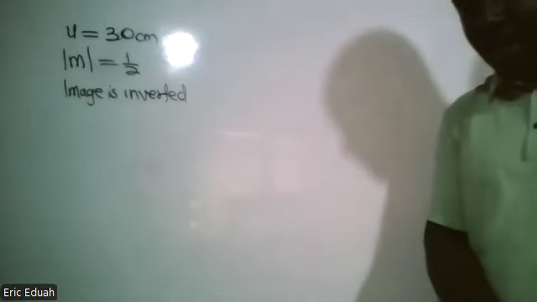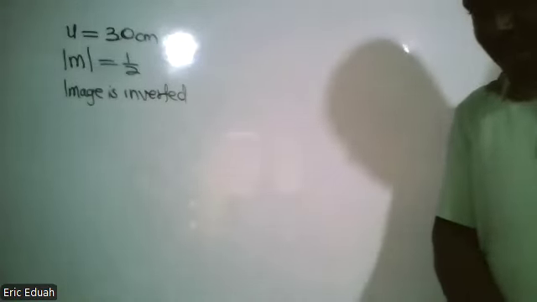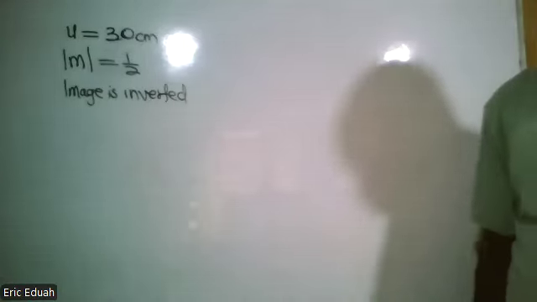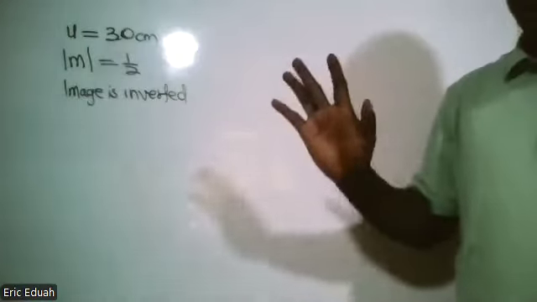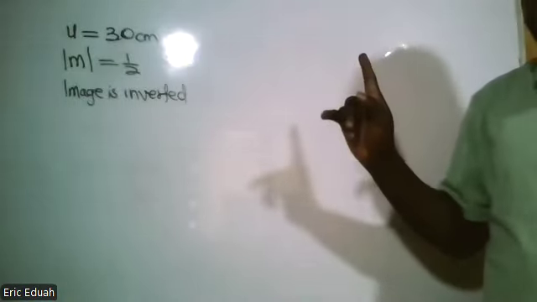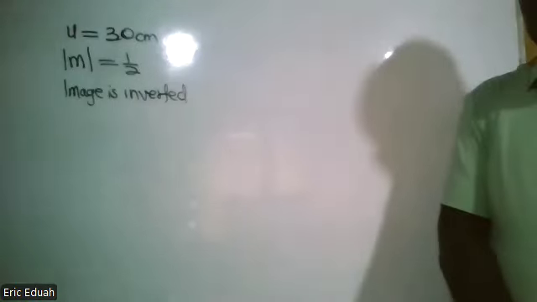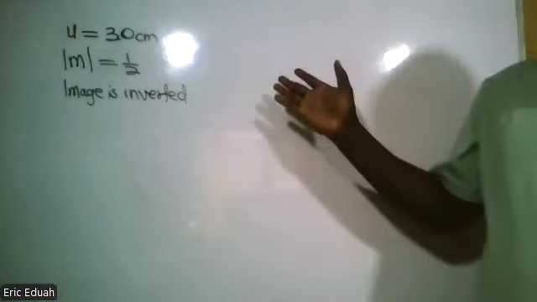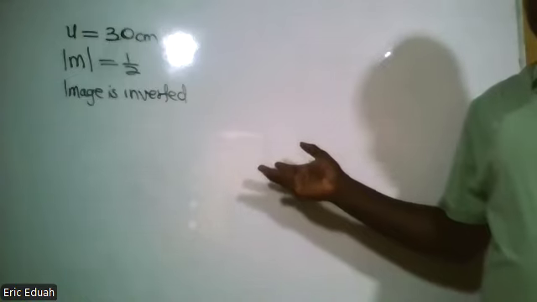What's your reason? You must have a reason for choosing convex. Whether concave or convex, I'm very particular about the reason. The reflecting surface is curved outward. But there is no information in the question which shows that the reflecting surface of the mirror curves outwardly.